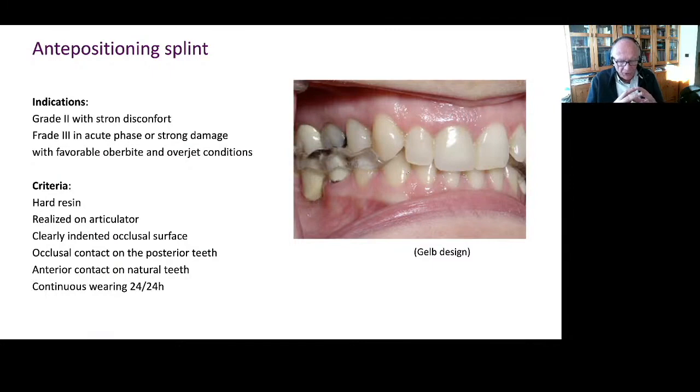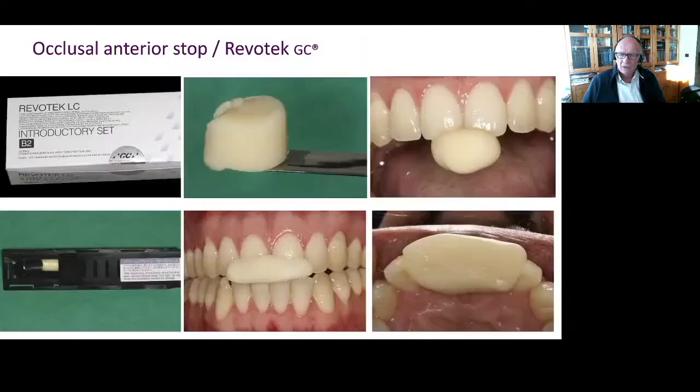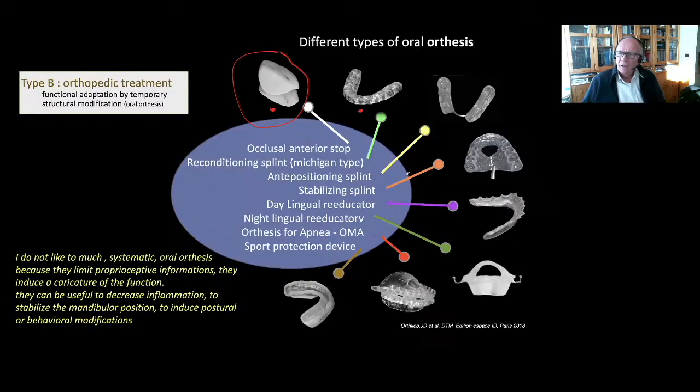Another category of splint is anti-positioning splint or repositioning splint. It depends on the terminology. I like the GELB design. The GELB design is this one.